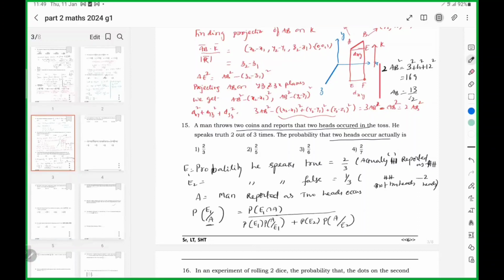Finally, what is the probability that two heads occur? This is P of E1, P of A given E1, by the same denominator. P of E1 is 2/3, and he reported, he speaks true, and two heads means once you throw two coins, the possibility of getting two heads is 1/4.